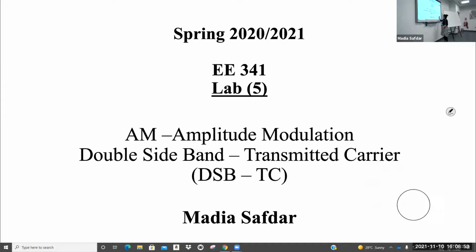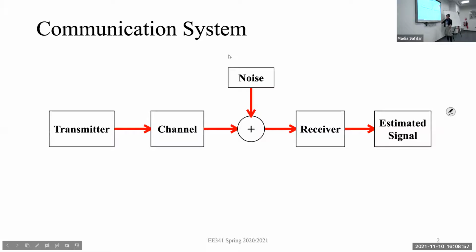Okay. So in the previous lab, what did we do? Anyone can tell me what we did in the previous lab? We generated the modulation. Yes, we did modulation, but we were only at the transmitter side. We didn't send it and we didn't receive. So we generated the message signal, we generated the carrier, and then we modulated.